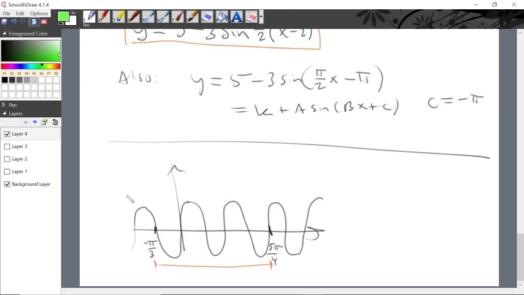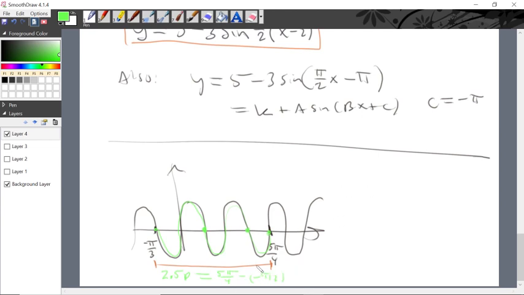How many complete cycles do we have? From here to here is one complete cycle, and from here to here is another complete cycle. And then notice that from here to here we get a half of a cycle. So from here to here we have 2.5 periods. 2.5 periods is equal to the difference between 5 pi over 4 and negative pi over 3.